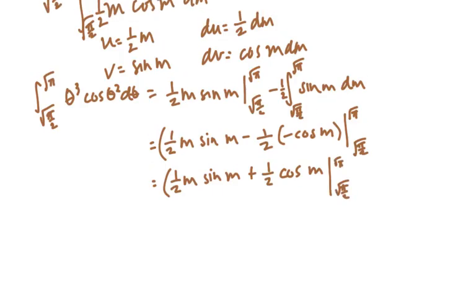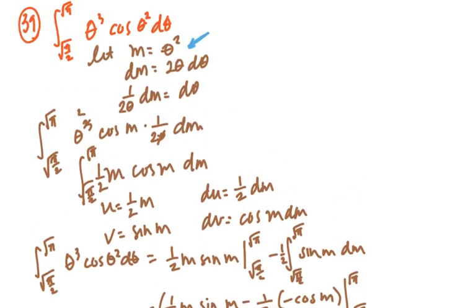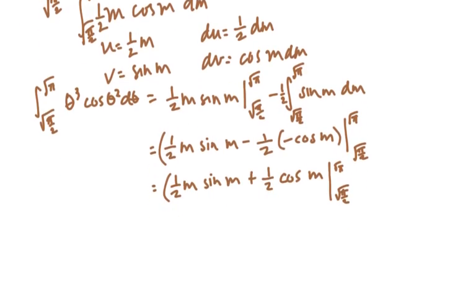Now, we didn't start off with m. We started off with theta, so we need to go back to the fact that m equals theta squared and put that in. So we have 1/2 theta squared sine of theta squared plus 1/2 cosine of theta squared from the square root of pi over 2 to the square root of pi.